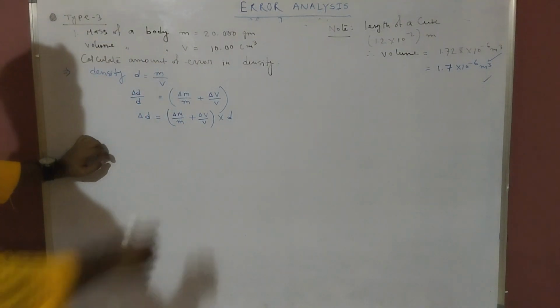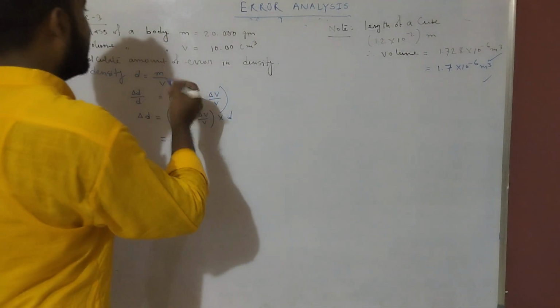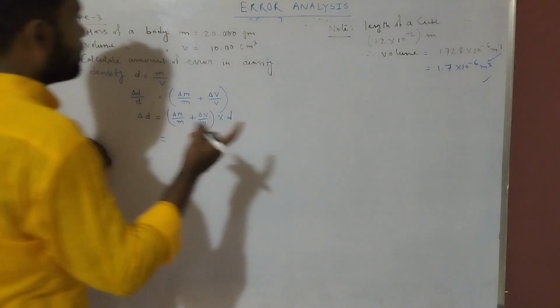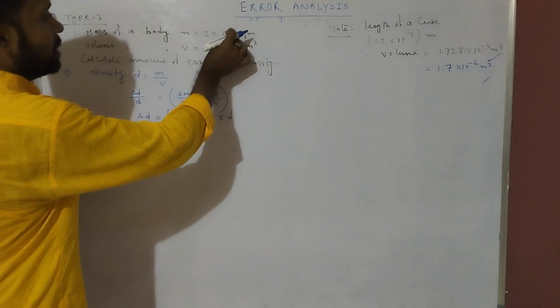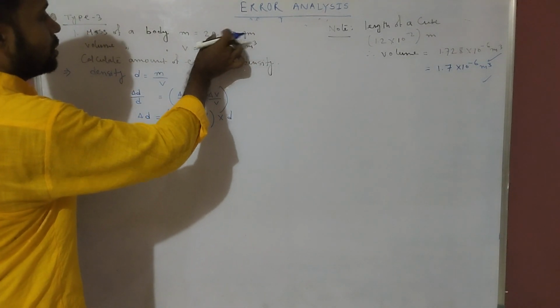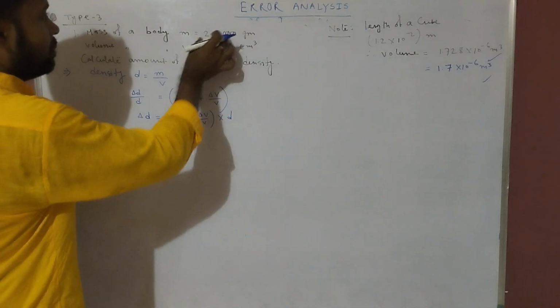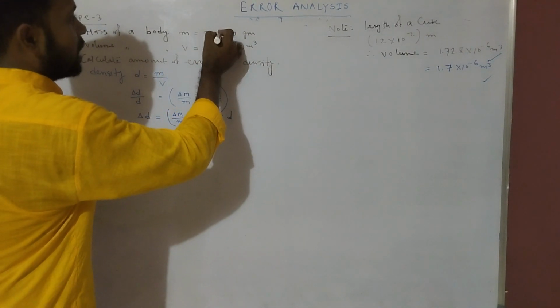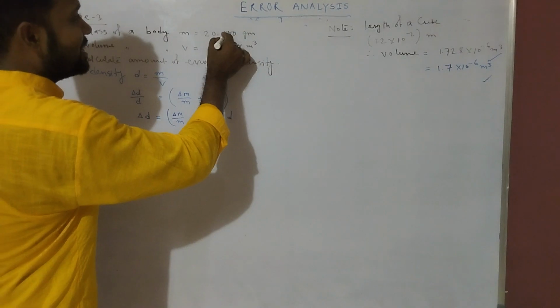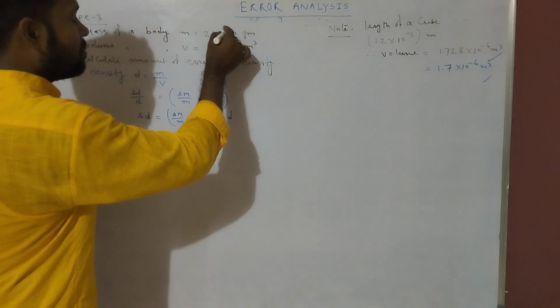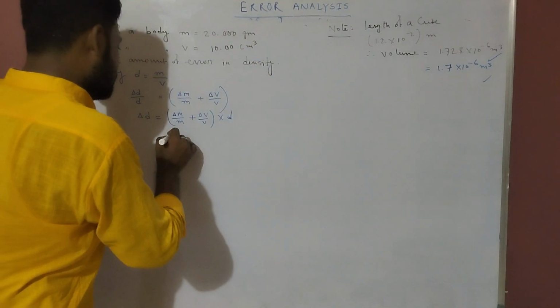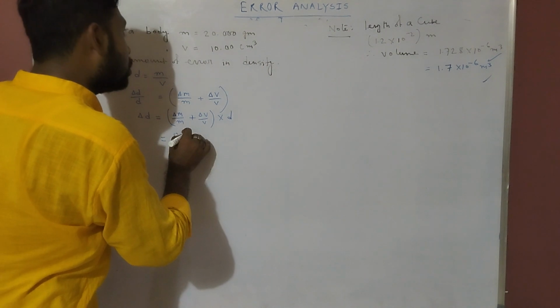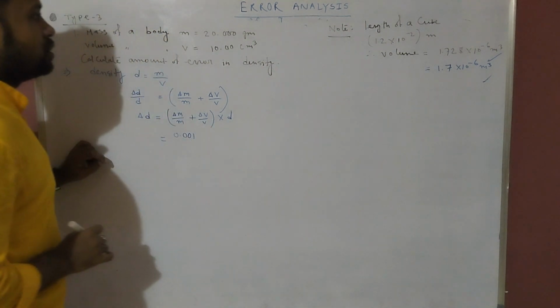Understood? Now putting in all the values, what is del M? Del M means the minimum length. For 20.000, after the point you can go three digits, 1 2 3. So the minimum value can be 0.001.